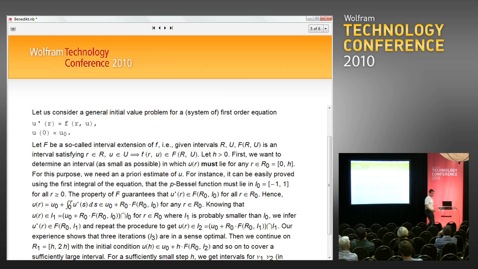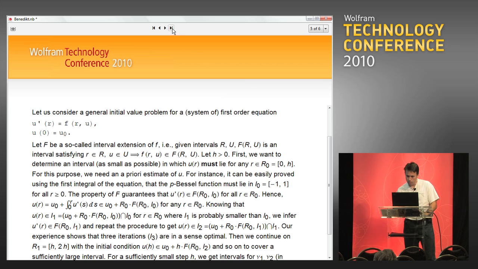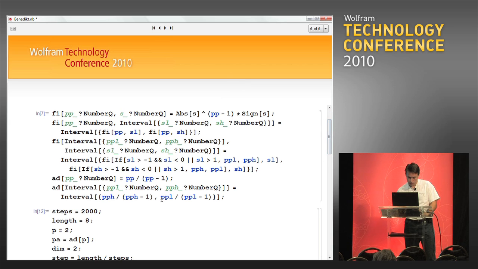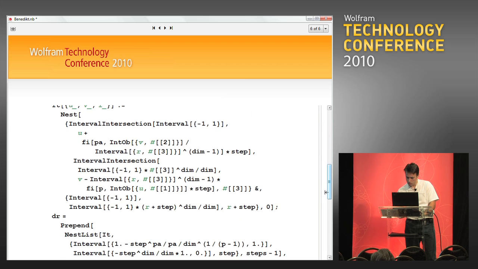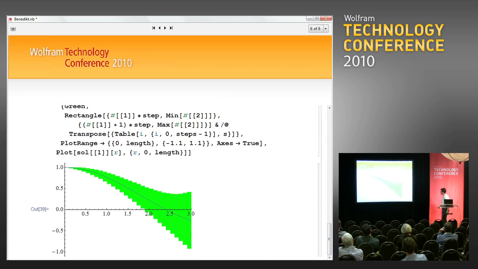So I will show again a picture of what result we get. I will use the 3 iterations here. So it looks like this. The green area depicts the intervals where the solution must lie, and the curve is just computed by NDSolve.